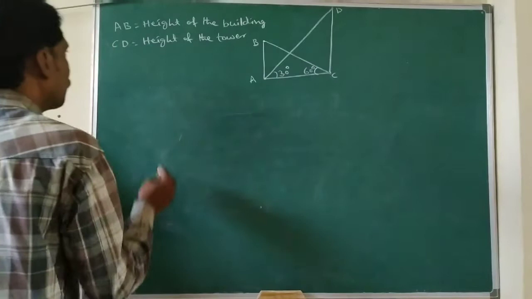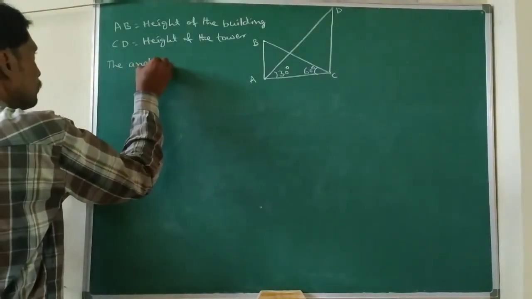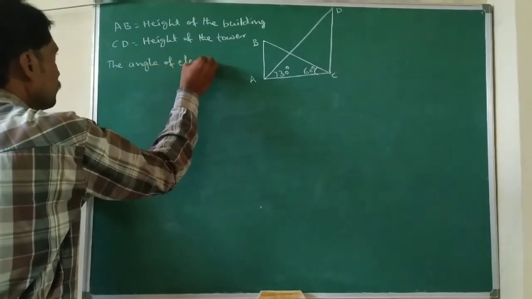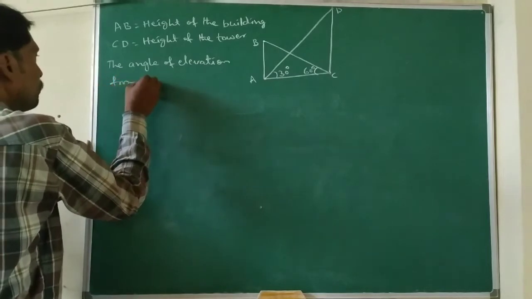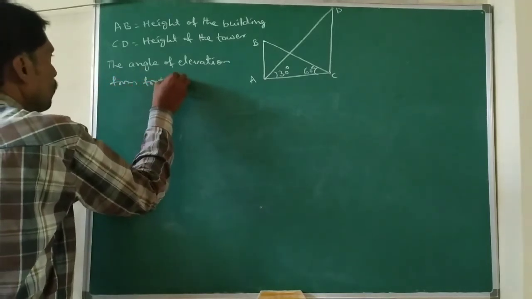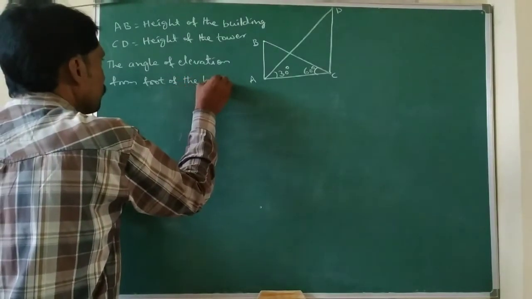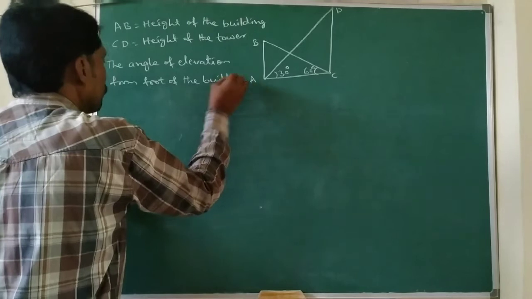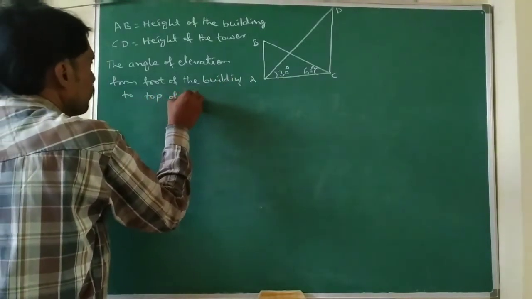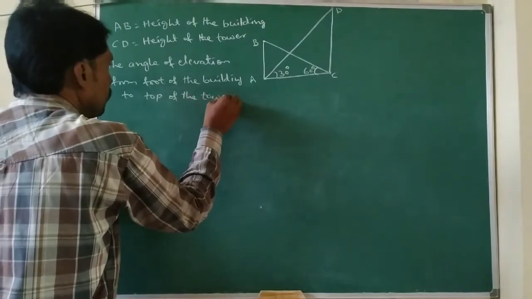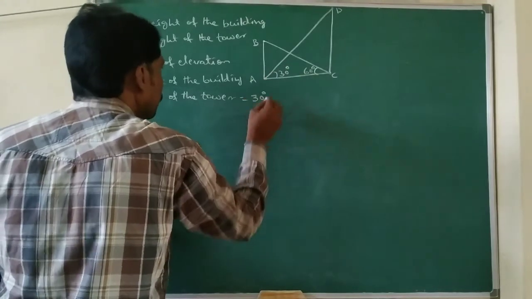The angle of elevation from the foot of the building to the top of the tower is making 30 degrees.